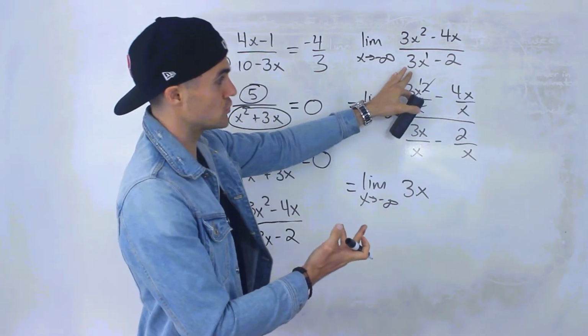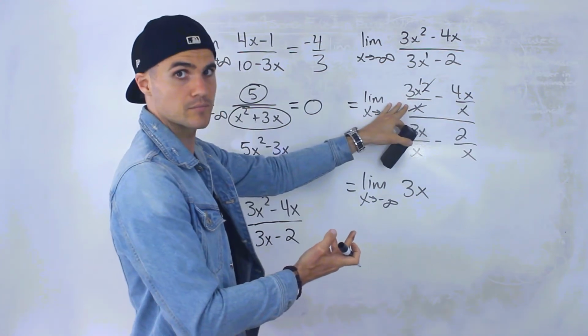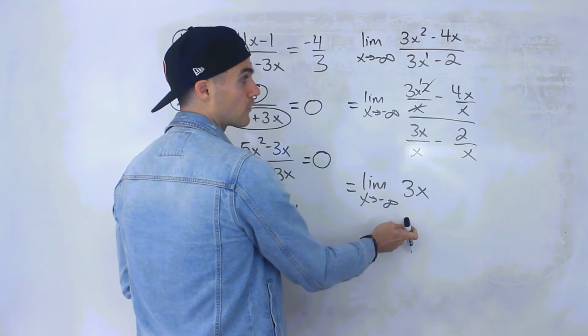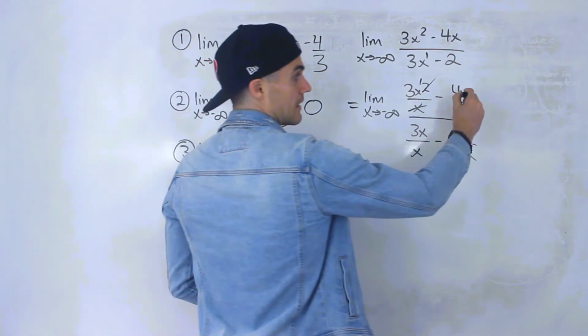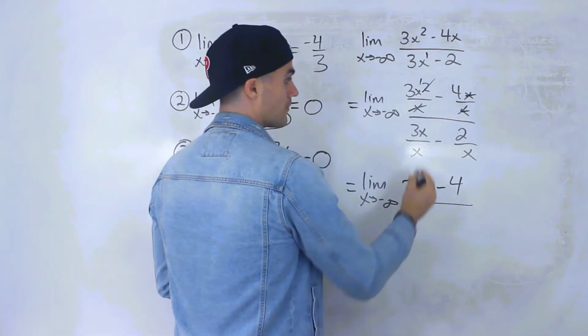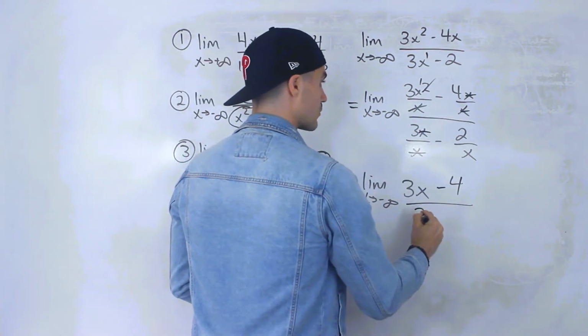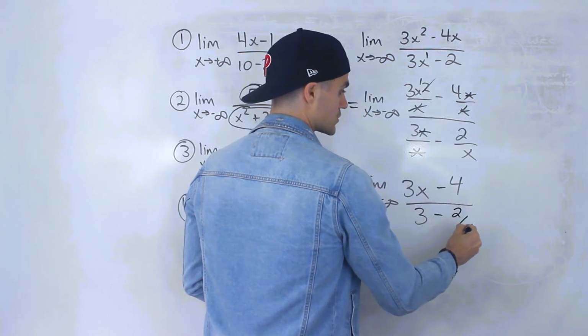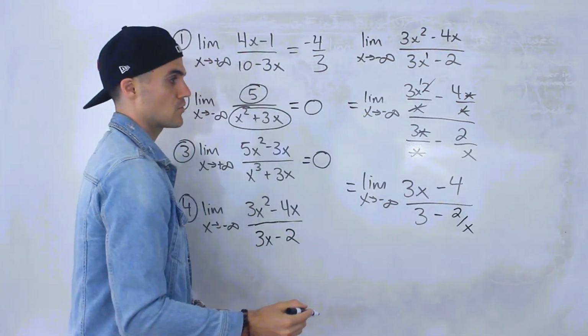In this case, we had 2 x's at the top, 1 x at the bottom. Just wanted to make a note of that. So we're left with 3x, not 3 over x. These x's cancel out. We're just left with 4 up there. These x's cancel out. We're just left with 3. And then over here, this can't simplify, so we're just left with 2 over x.